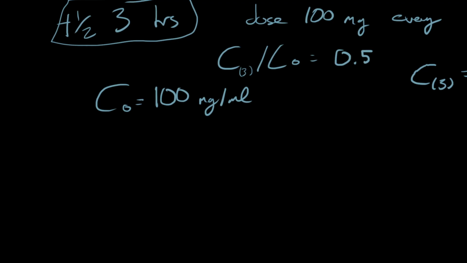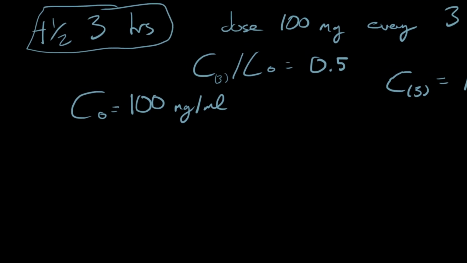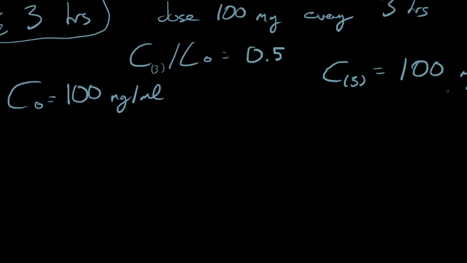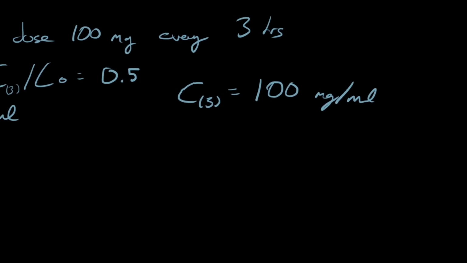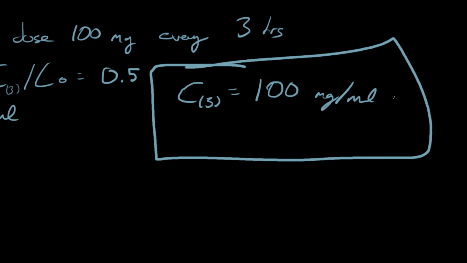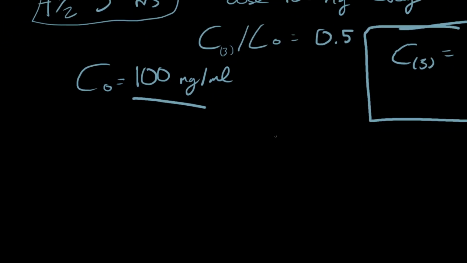I am drawing off the screen. Sorry about that. But anyway, 3 hours, concentration at 0, 100 mg per ml. And the question itself is asking for us to solve for this. How could we possibly get a concentration at 3 hours of 100 mg per ml instead?